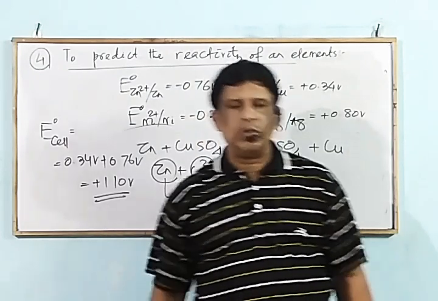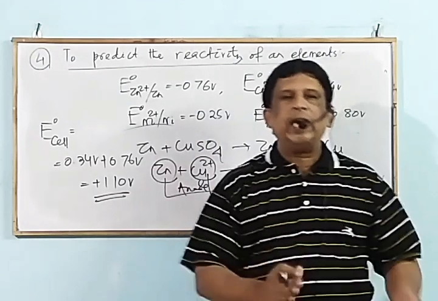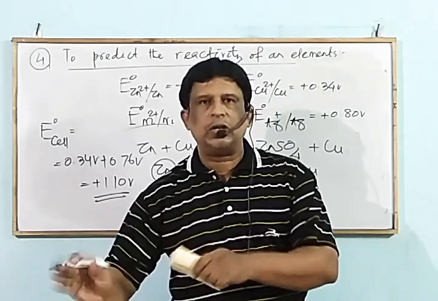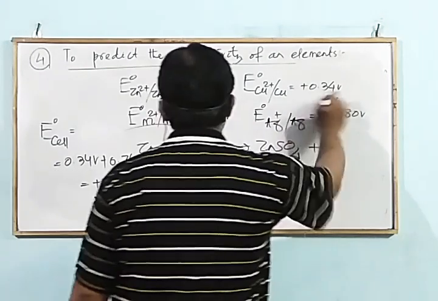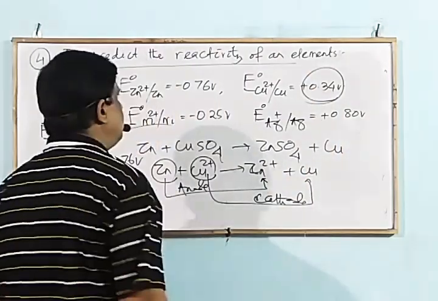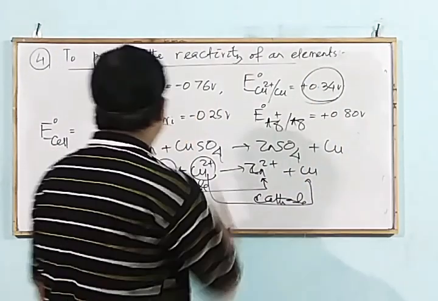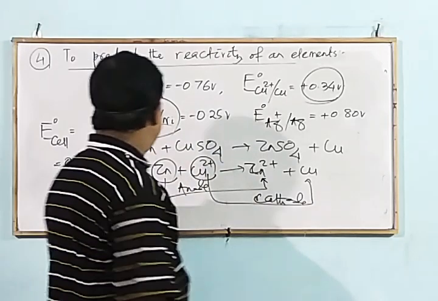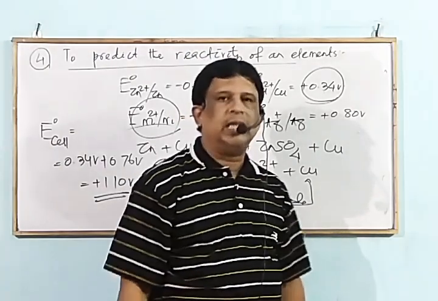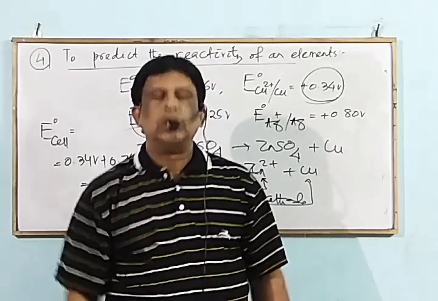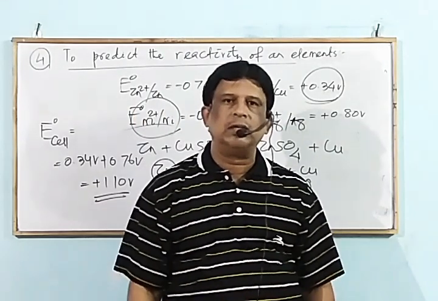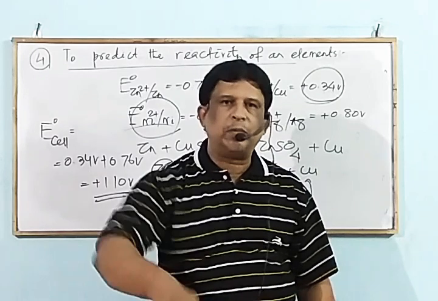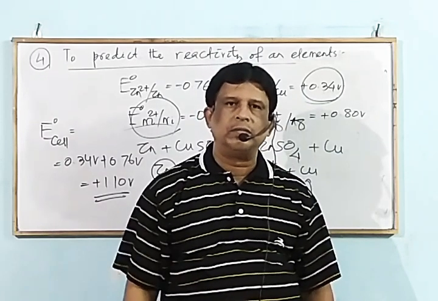Another type of question is there. Why does the blue color of copper sulfate solution get discharged when a spatula made up of nickel is used? Why does the blue color of copper sulfate solution get discharged when a nickel spatula stirs it?